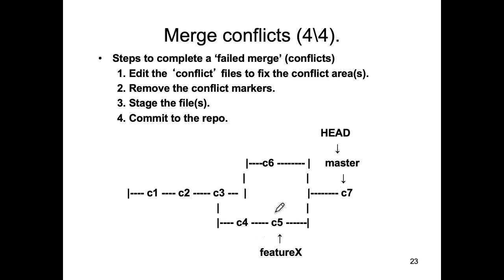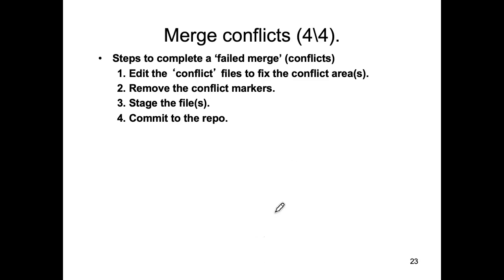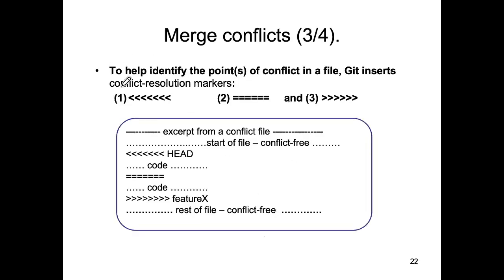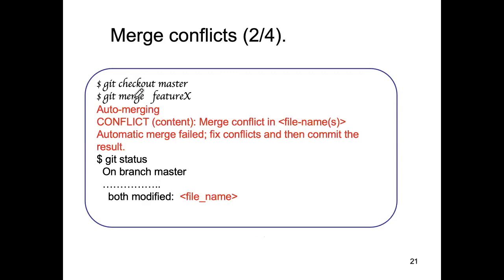So this is how we merge diverging branches that have conflicts. We try and do the merge, but we'll get an error report back from Git. We then can just do a git status on our working directory to find out what are the problematic files.